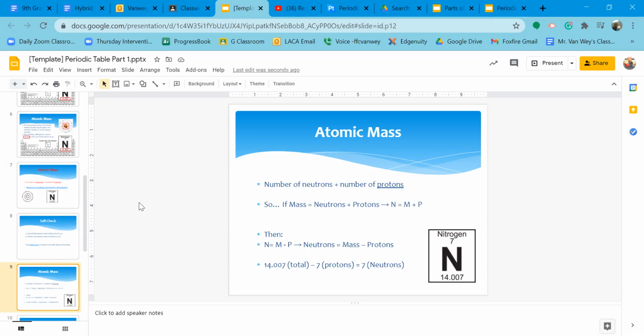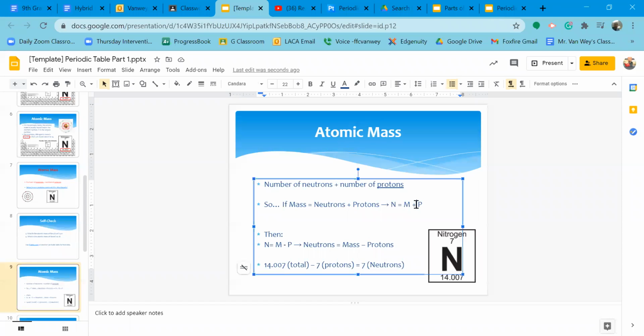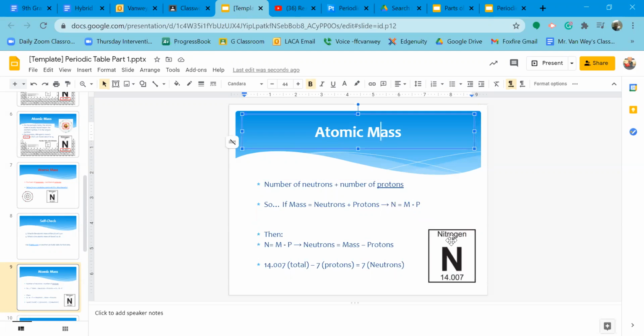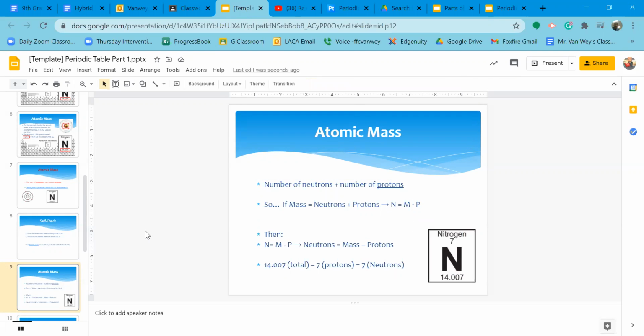So to review, and I know that I'm really hammering on this, but the atomic mass is the number of neutrons plus the number of protons. So to find the number of neutrons, we're just going to take the atomic mass, subtract the atomic number, and that'll tell us the number of neutrons.